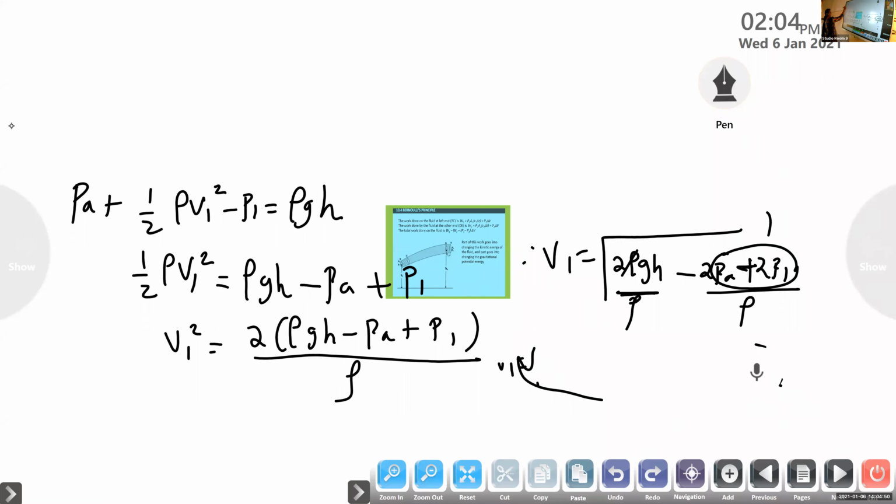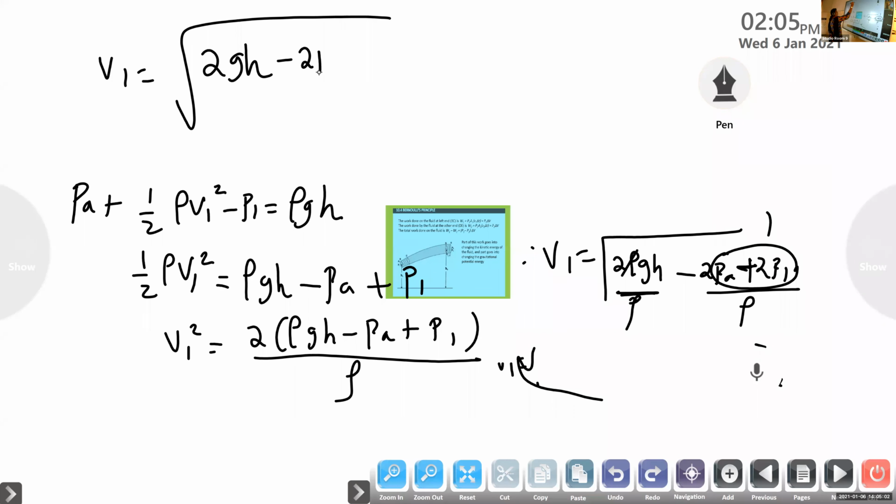So V1 is equal to square root of 2GH. You will get minus 2PA plus 2P1, divided by rho. Yes, so this is how we are getting it.